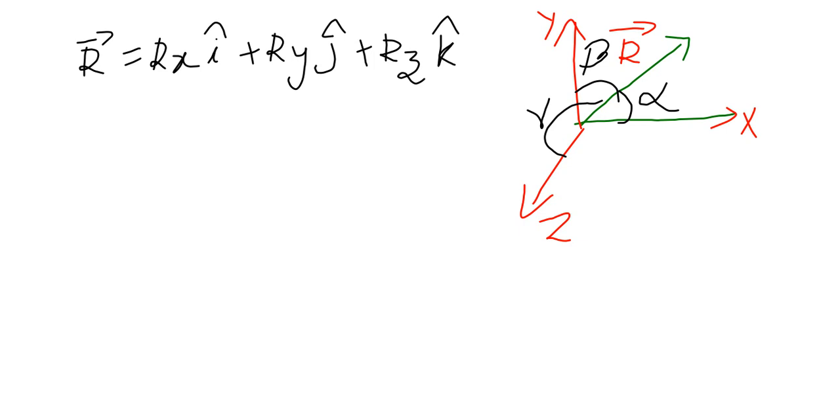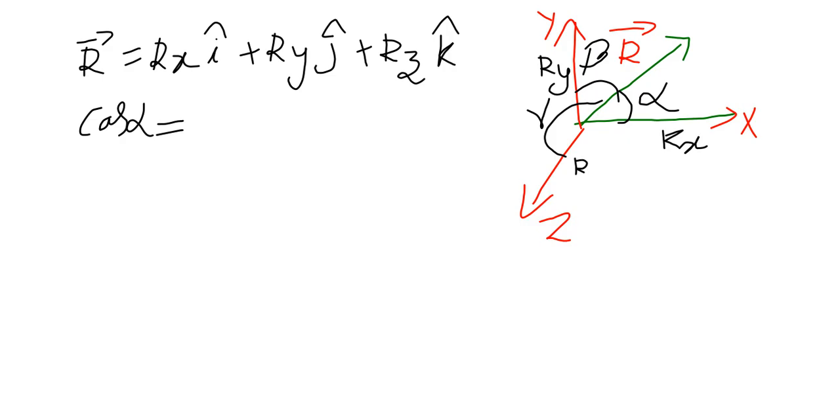From this, cos alpha is equal to adjacent side by hypotenuse. We read this component here, Rx, here Ry, here Rz.